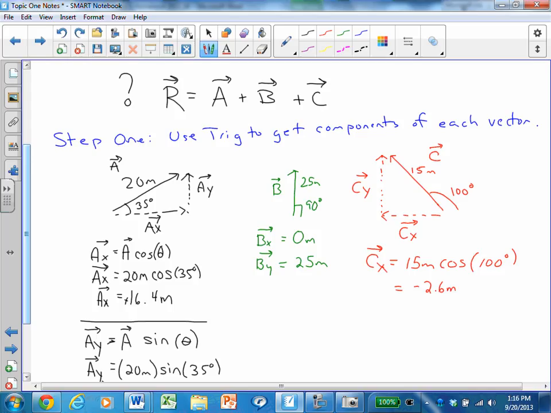But if you used 80, the angle to the x-axis, that would be fine too. You would see from your sketch that you would have to make x negative, and then Cy should be positive. So when we do 15 meters sine of 100 degrees, we get positive 14.8 meters.